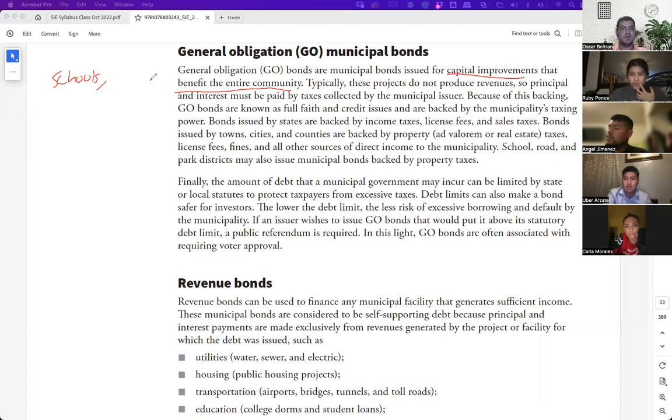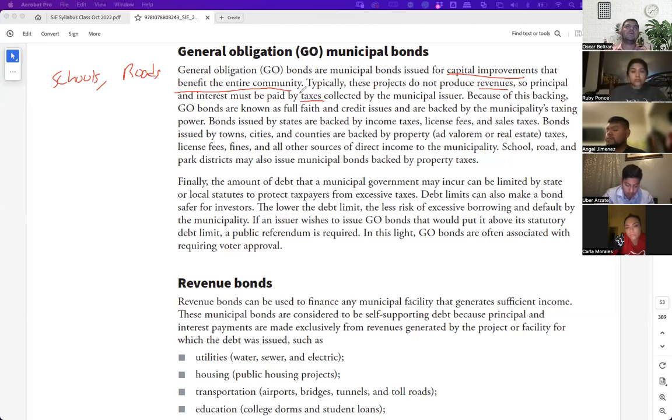Roads. Roads. There you go, roads. All right, roads. Here it is. Typically, these projects do not produce revenue, so principal and interest are paid by taxes. So they're backed by the power to tax.